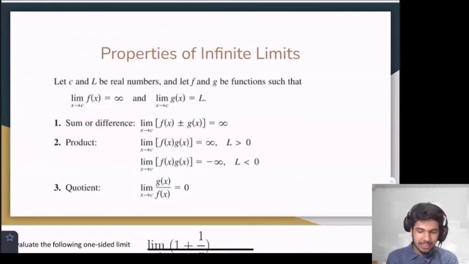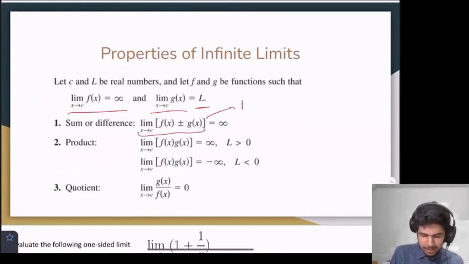But first, properties of infinite limits. So we have c and L are real numbers, f and g functions. The limit of f of x is infinity at c, and for g of x it's L, which is a real number. So the sum, if we remember our properties of limits, is just the limit as x approaches c of f of x plus or minus the limit as x approaches c of g of x.